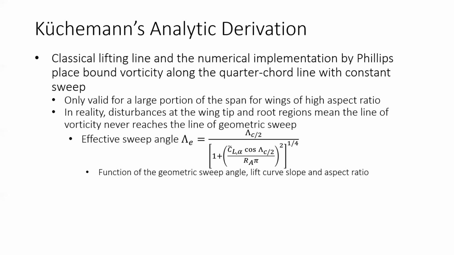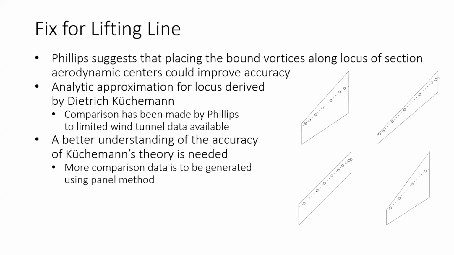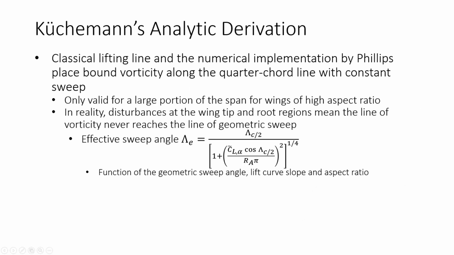But disturbances at the wing tip and in the wing root mean that the line of vorticity never reaches the line of geometric sweep. If we go back to the previous slide, you see how this dashed line curves backwards at the wing root and curves forward a little bit at the wing tip. That's because of the disturbances in those regions.